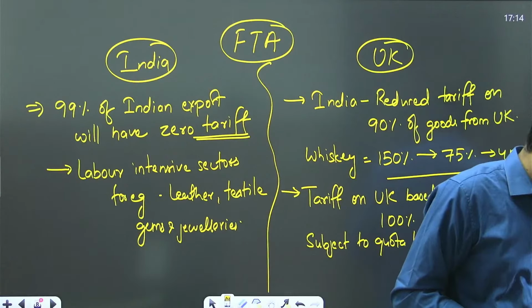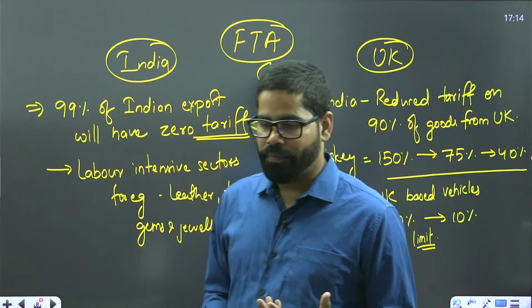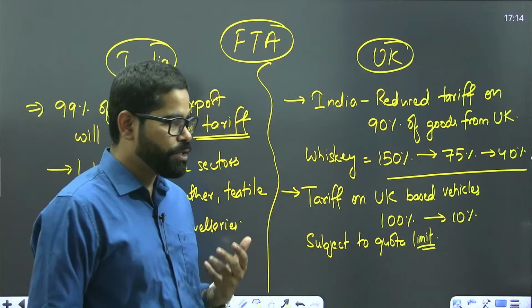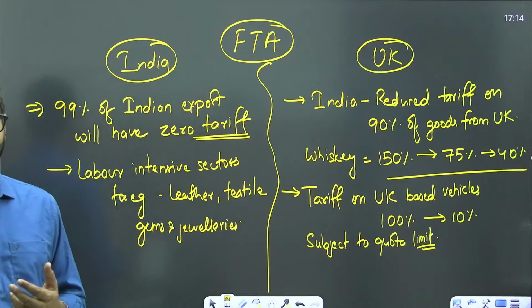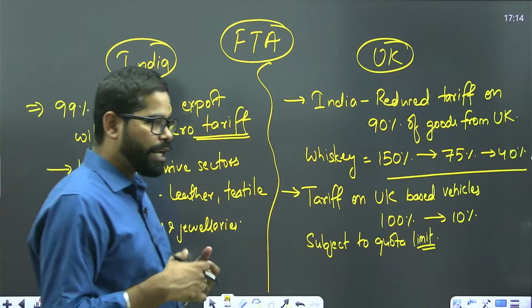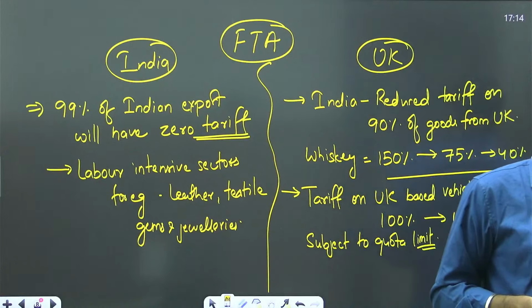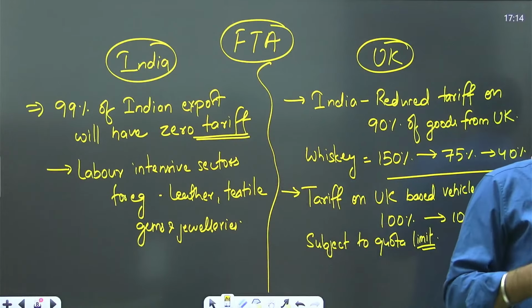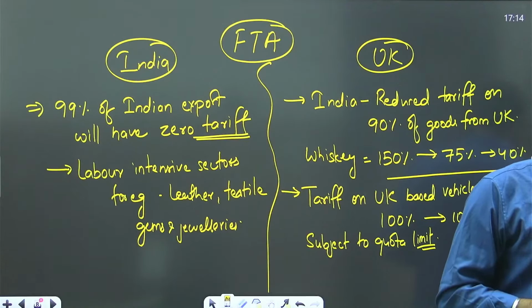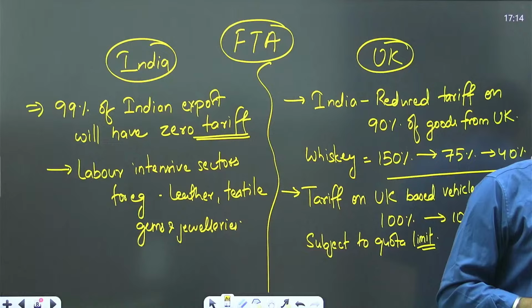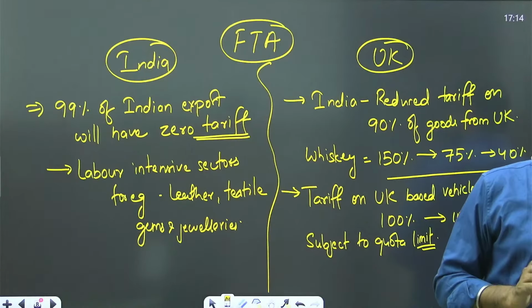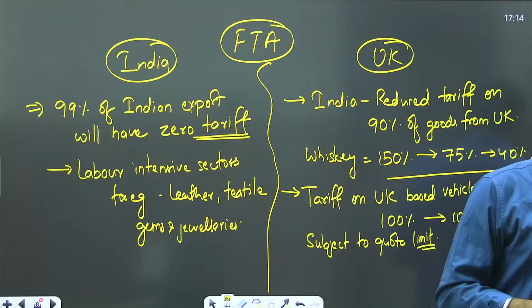So that is one of the very big benefits for India. We are getting a huge amount of benefit in that sense, that 99% of this trade is going to be duty free.